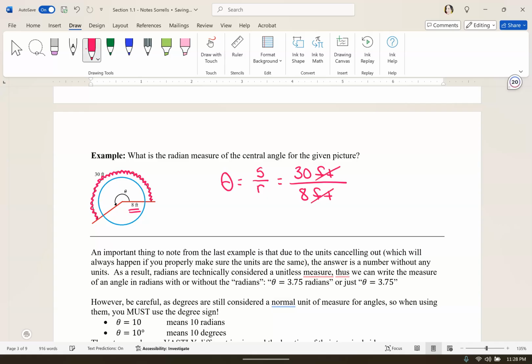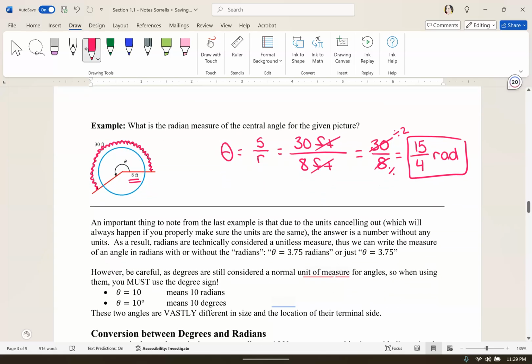Notice your feet cancel, and you're left with 30 over 8. Okay, so these are both even numbers, so we're going to divide these by 2. If I divide this by 2, I would get 15. I would divide this by 2, and I would get 4. So the answer for this central angle would be 15 divided by 4 radians.